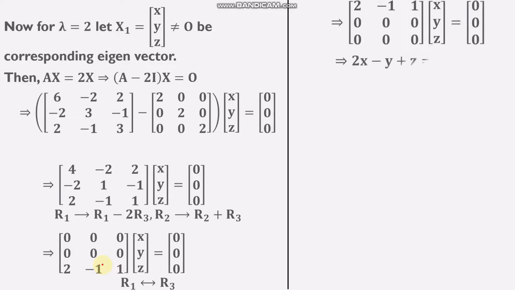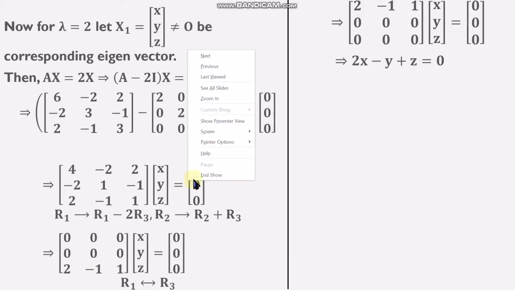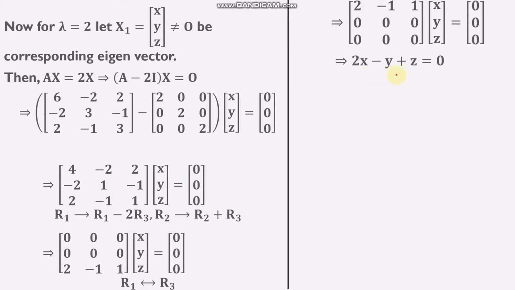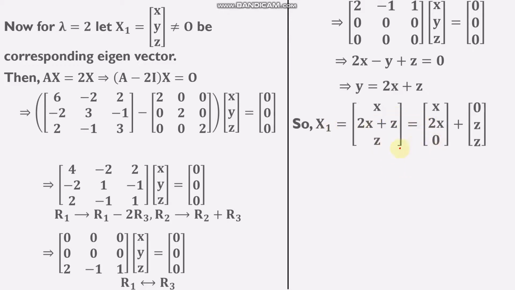So let's solve it. From here you can see we are getting the equation 2x minus y plus z equal to 0. So y is equal to 2x plus z. So the eigenvector is of such type. Any eigenvector x1 will be of such type where x can take any value, z can take any value, and y will be the combination 2x plus z.